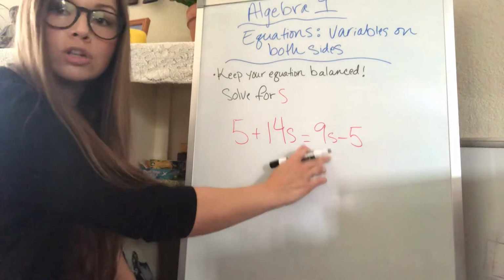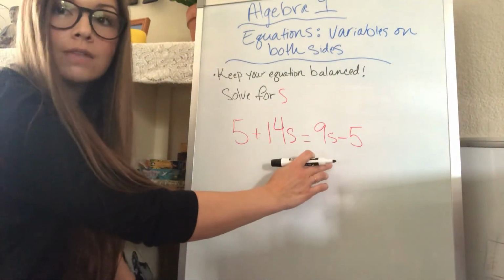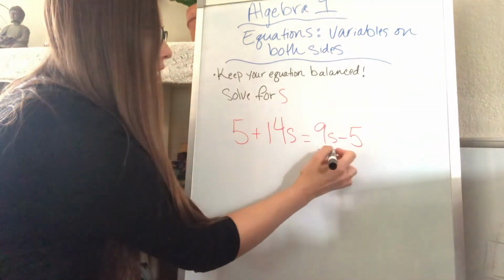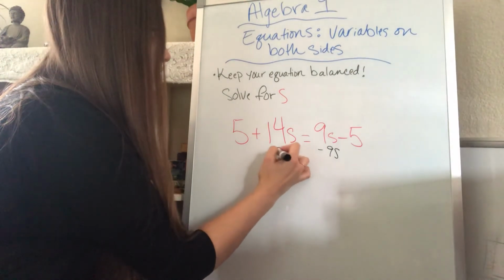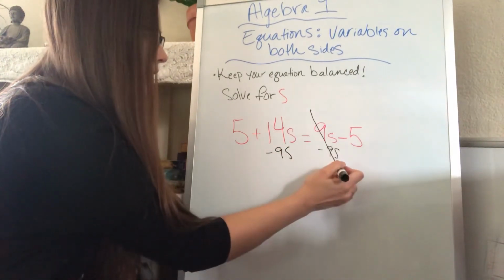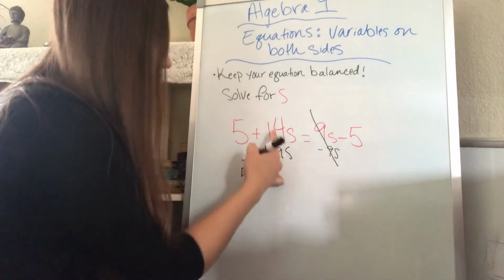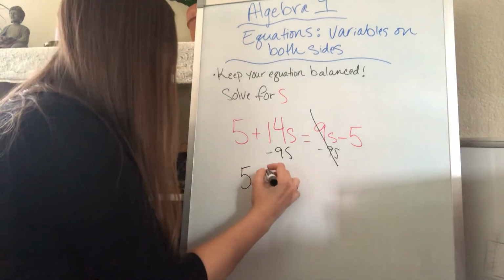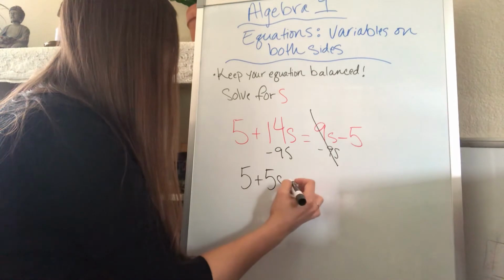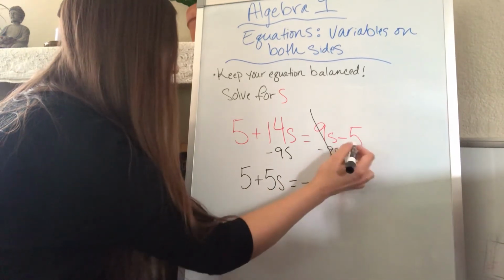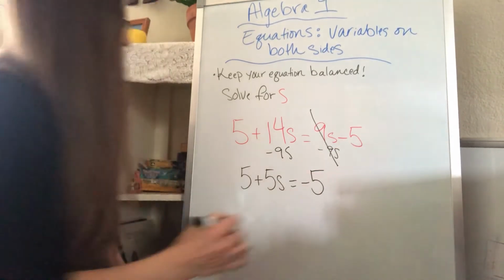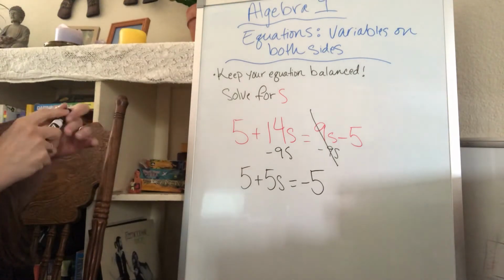The inverse operation of a positive 9s would be a negative 9s, right? So subtract 9s, subtract 9s. That's going to cancel. Over here I still have that 5. 14 minus 9 is 5, equals that negative 5 that's still over here. Okay, lots of 5s.